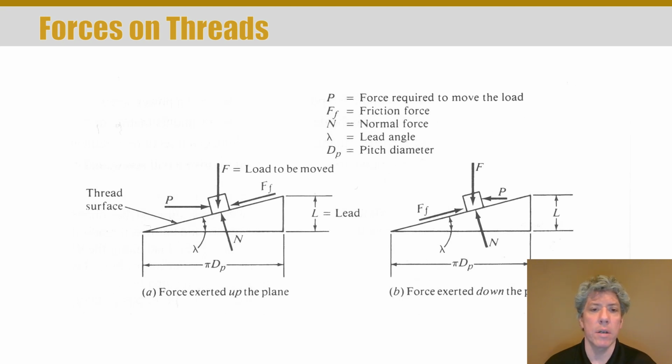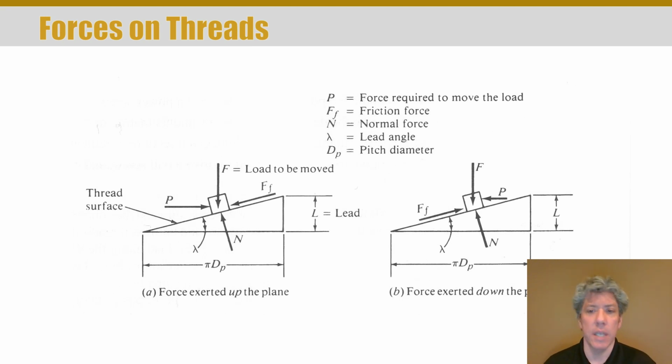If we consider then what happens when the load is allowed to move in the direction it wants to move. So imagine that you have a nut on a power screw and you're turning in the direction that the nut wants to go. Say that gravity is pulling down on the load or whatever. Well, then in that case, the amount of force required to move the load P is less, and the reason for that is that the load on the nut actually acts to help move the nut down the incline.